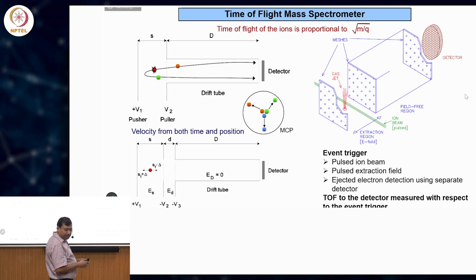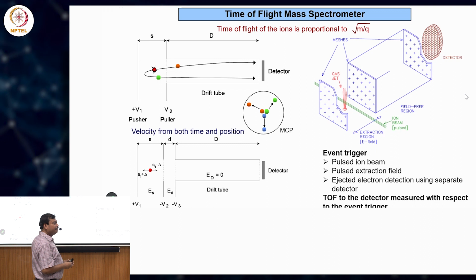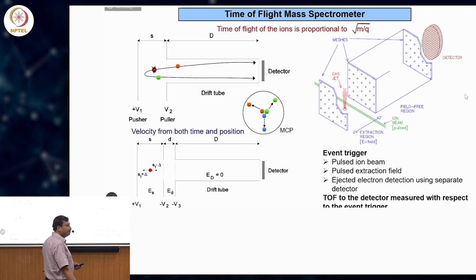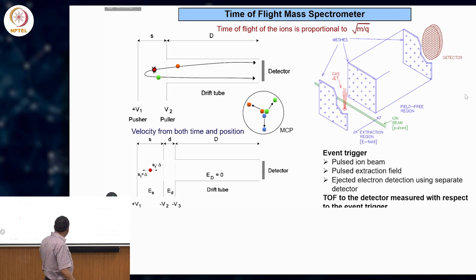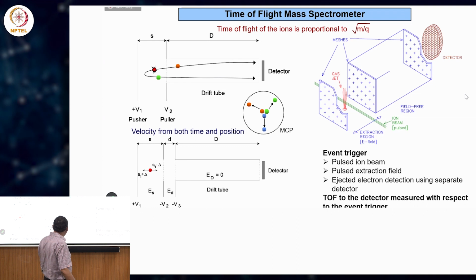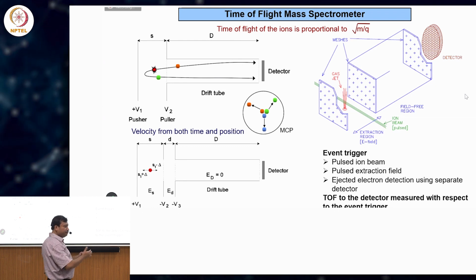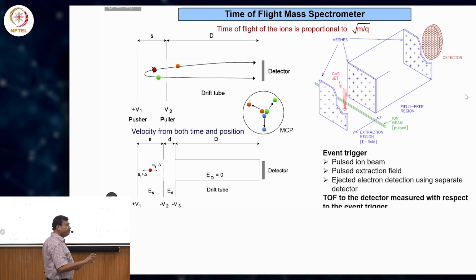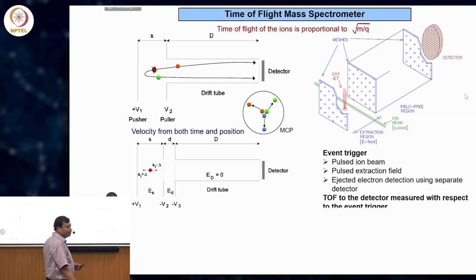Dead time, what do you mean by dead time here? In the drift tube, exactly. Yes, yes. Because these two fields are actually adjusting itself to drag it, and then it is the flight path. I think there is a factor of two kind of thing there.